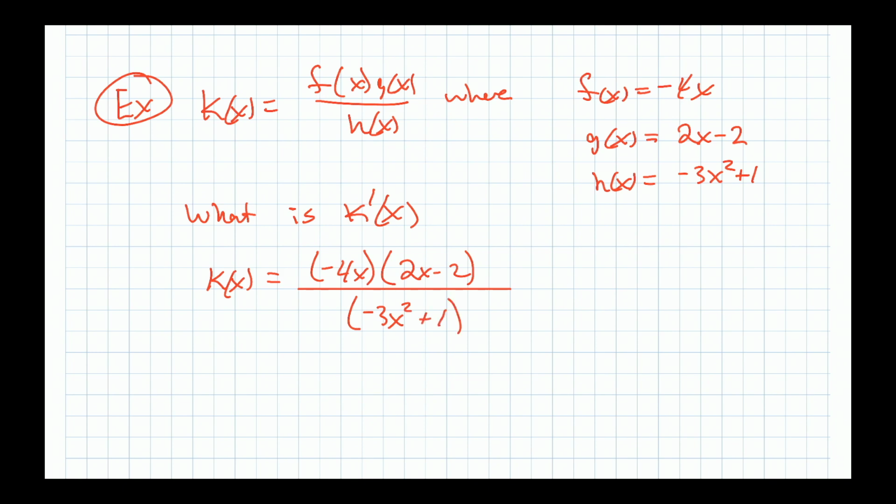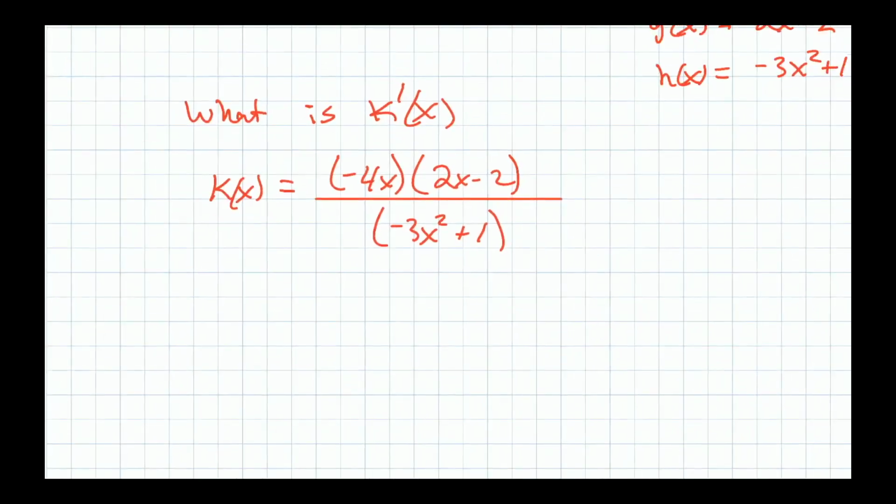And then from here, decide what's going to be the easiest way to take that derivative. Now, it's a quotient, so I need to do the quotient rule, right? But do I want to do the quotient rule the way it is, or do I want to do some simplifying first? And hopefully what you can see is that the top is really easy to multiply out, right? And since it is, multiplying out the numerator is going to be the easiest way to do this.